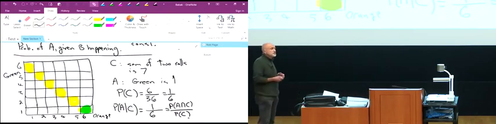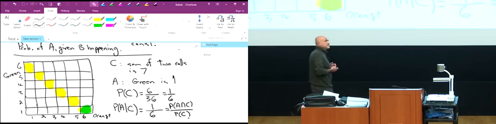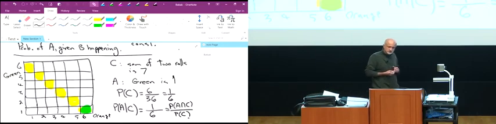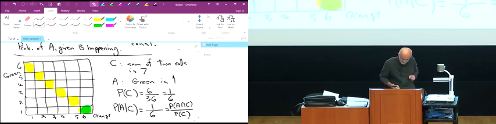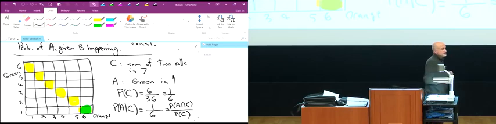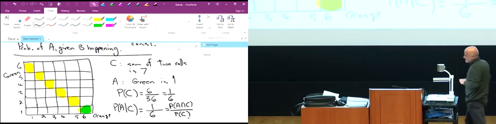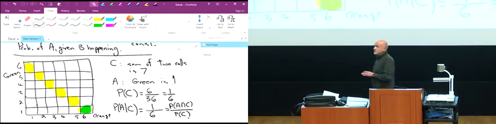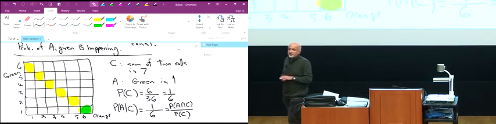Did I give you useful information? I did? Well, let's figure it out. Before I told you that the sum was 7, if I had asked you what's the probability that the green roll will be 1, what would you have told me? 1/6. Exactly. So, this is an example of two events that are independent.